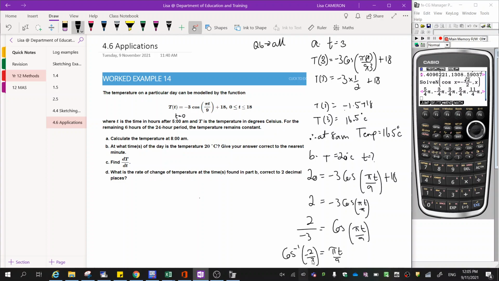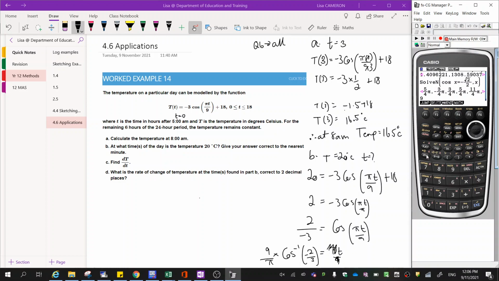Okay, I don't want to chuck this in a calculator straight away. I'm just going to do it the lazy way. So I'm going to take the 9 across by multiplying this side by 9 to get rid of it over here. And then I'll divide by pi to get rid of that pi. So this will give me the value that I'm looking for. So when I chuck that into my calculator, this would be in an exact form. If I had an exact value in here, then I would be able to find the angle straight away. But we don't, so we'll just chuck it over into our calculator over here.